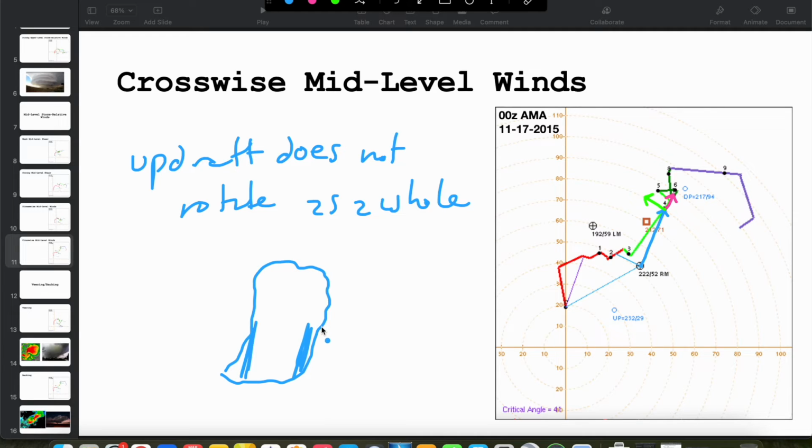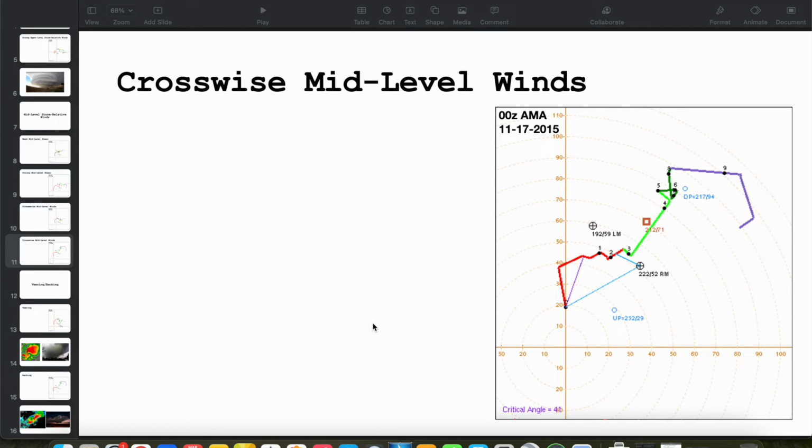But you'll see strong rotation on the flanks of the storms, and you can get strong tornadoes on those flanks. And we'll take a look at an image from that night in a few slides to give you a visual of that. So again, streamwise mid-level winds, the updraft rotates as a whole. Crosswise mid-level winds, the updraft does not rotate as a whole, instead rotates only on the flanks.